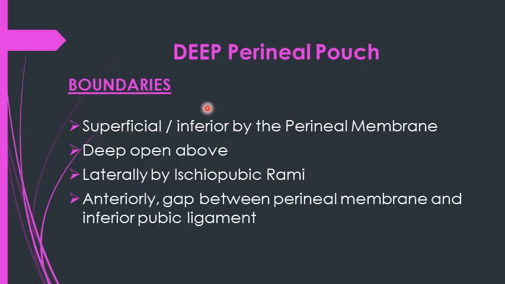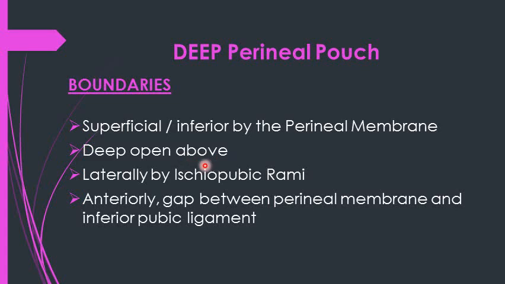So now moving on to the deep perineal pouch. I hope you understand very well the location of the deep perineal pouch: it is present above the perineal membrane. This perineal membrane makes up its inferior or superficial boundary. Superiorly, which is the deep wall, it is deficient and open above.